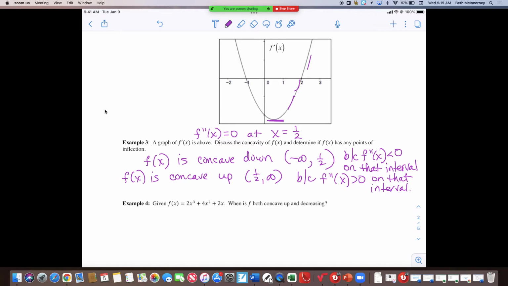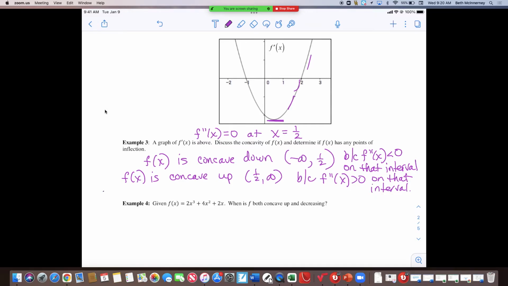Then there are two criteria to be met to have a point of inflection. What are the two criteria? Bailey? Yes, that's the first one. And then what's the other piece, Eric? Good job. The second derivative has to also change signs there.